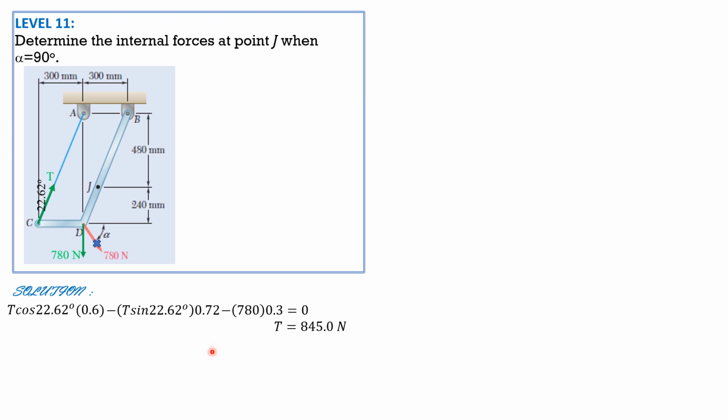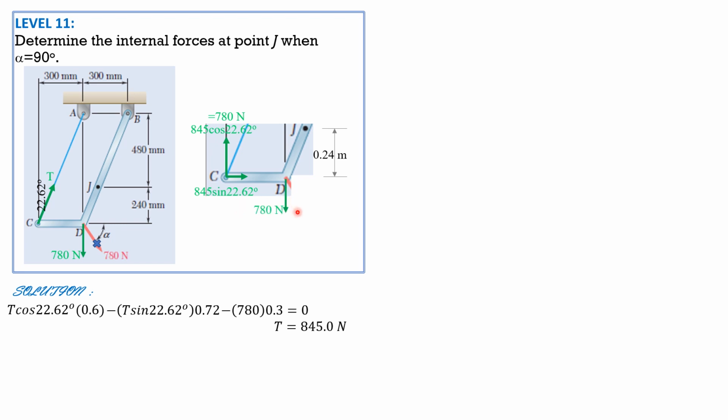So we now draw the free body diagram of this portion, including JCDJ. So for the forces, this is 0.24 or 240 mm. Then remember the tension is 845, so this is 845 cosine 22.62, and that is equal to 780 also. So we have the load here, horizontal component 845 sine 22.62, and the loading at D, which is 780.